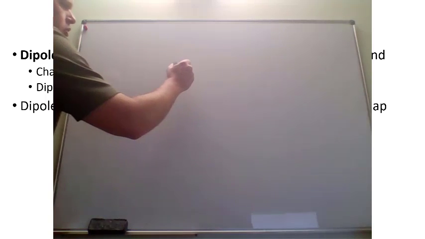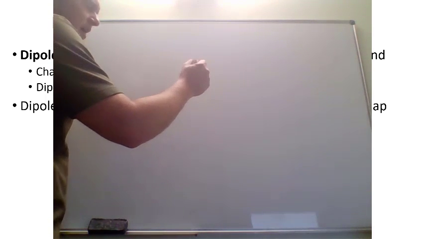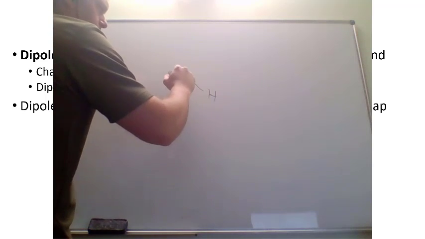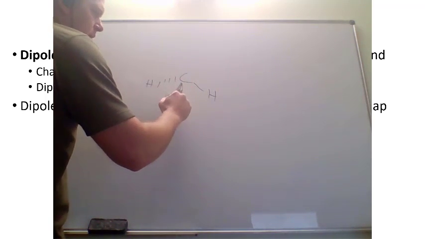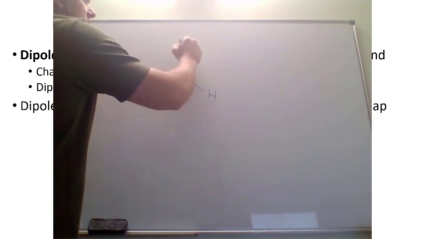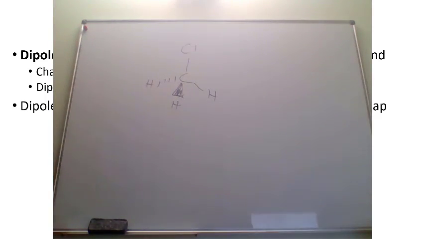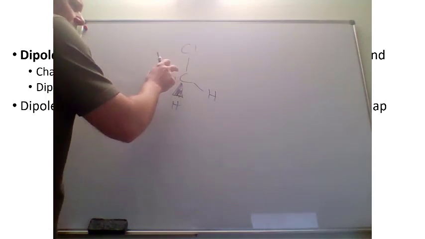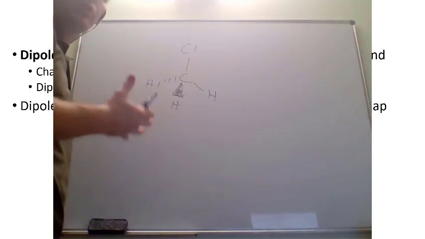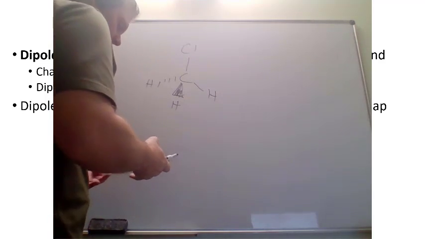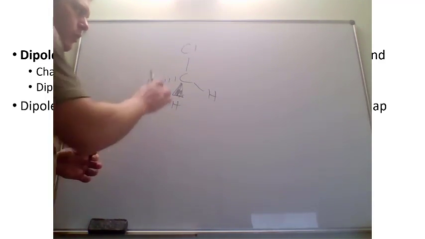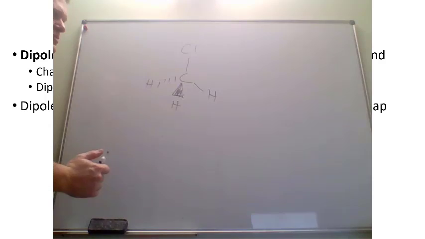We have our carbon with this tetrahedral structure, where we have our three hydrogens on the bottom and our chlorine here on the top. If we take a look at the electronegativity of each individual bond, our C-H bonds are going to be nonpolar covalent, so there's not going to be any net charge or dipole on each of these individual C-H bonds.